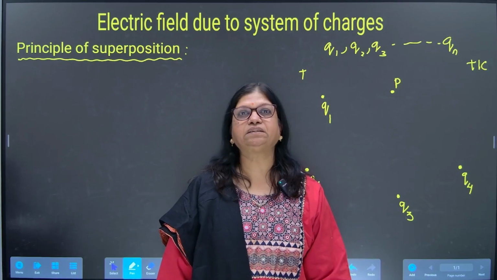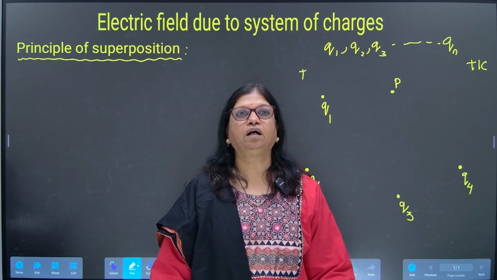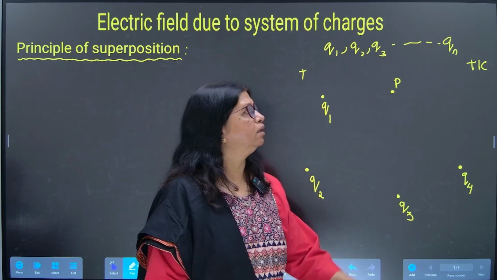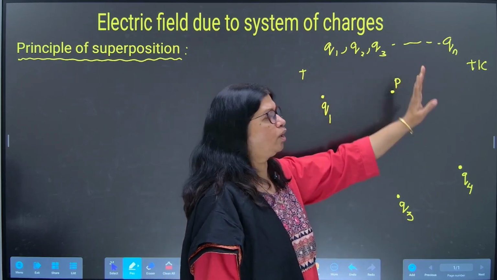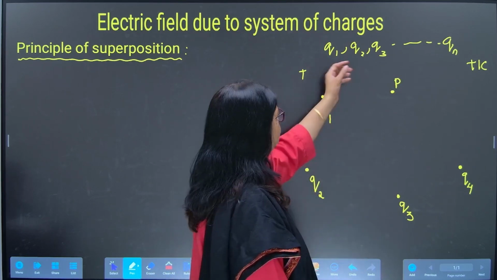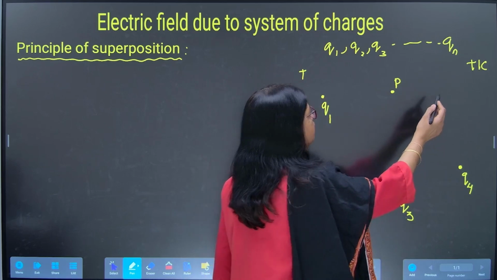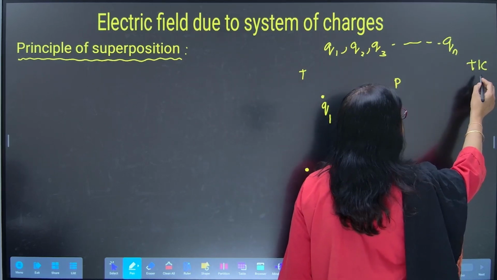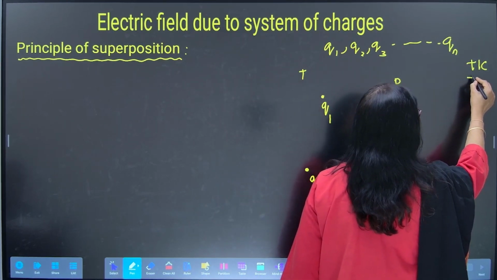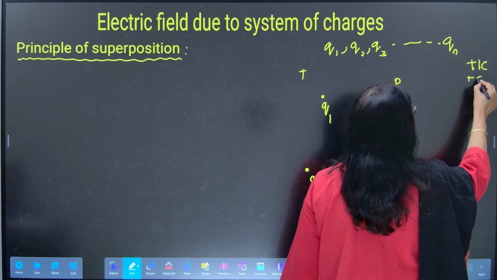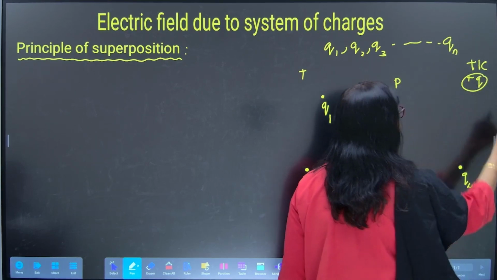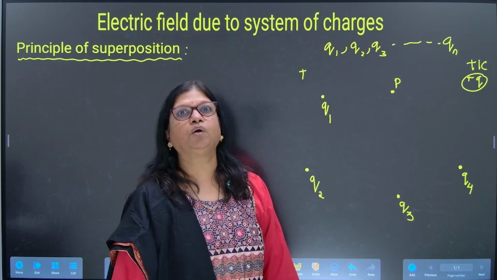So let us consider a system of charges Q1, Q2, Q3, and so on up to Qn as the source charges, and a unit charge, which is a positive charge having a very small value of 1 coulomb.